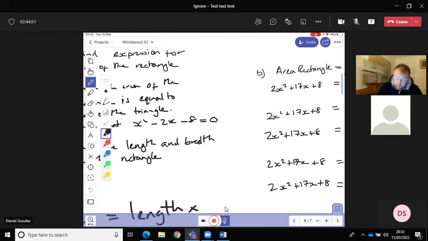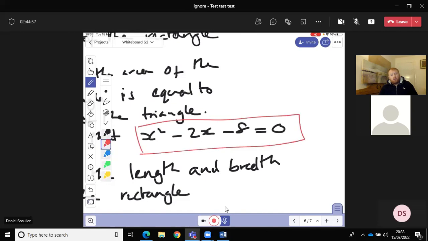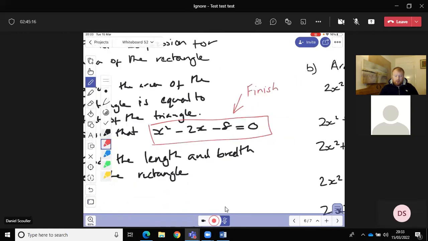Remember we did those proving things when we were looking at the trig identities. We wanted to prove that the start is equal to the finish, so we want to end up with that term, by working through.